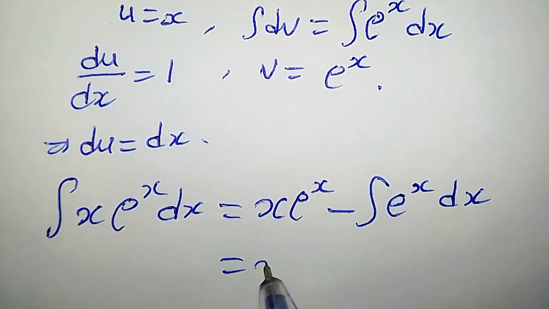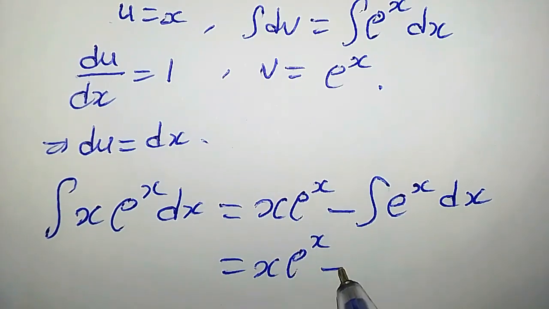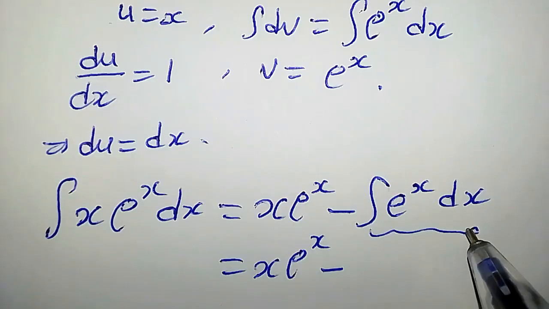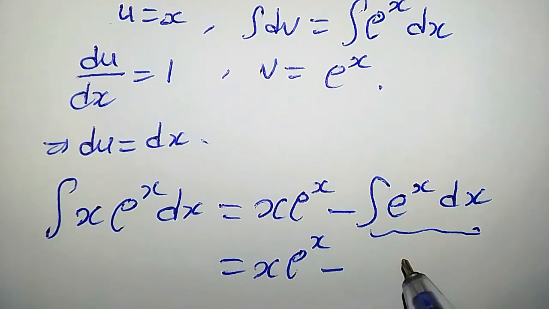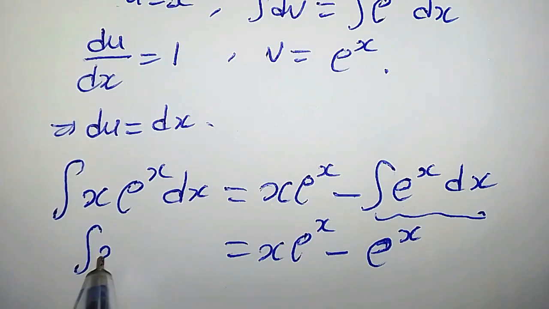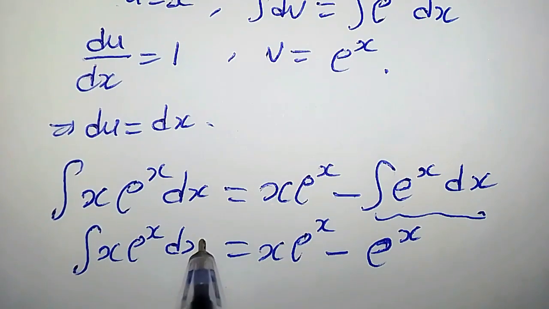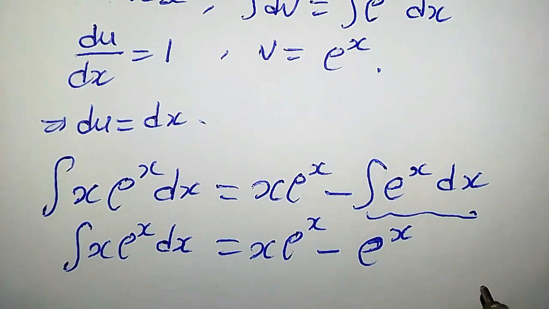This gives x times e to the power of x minus, whenever we integrate e to the power of x with respect to x, we always have e to the power of x. This means integral of x times e to the power of x dx is equal to this.